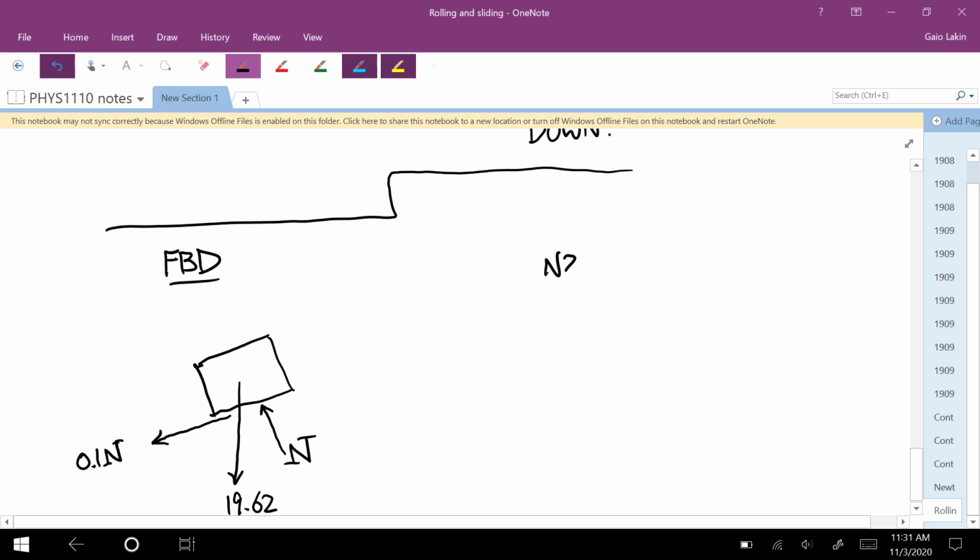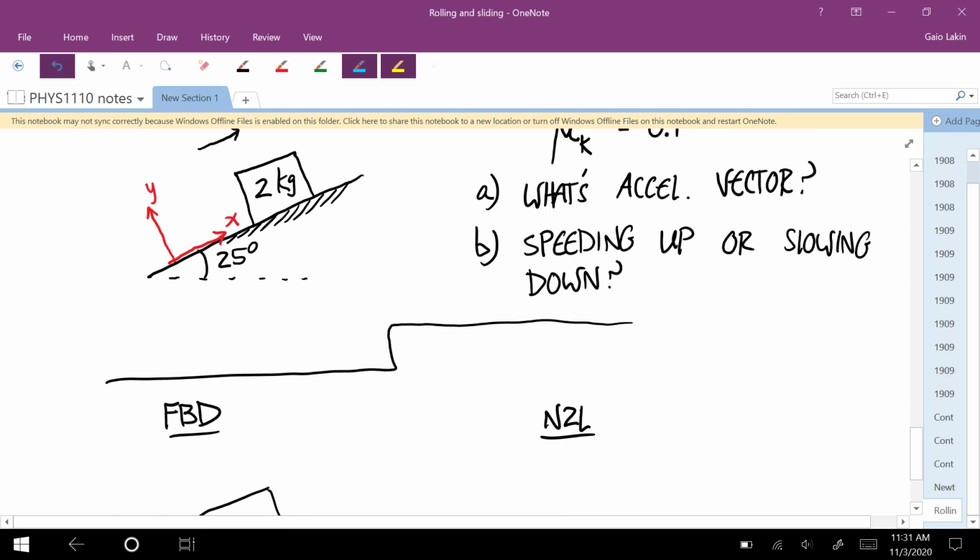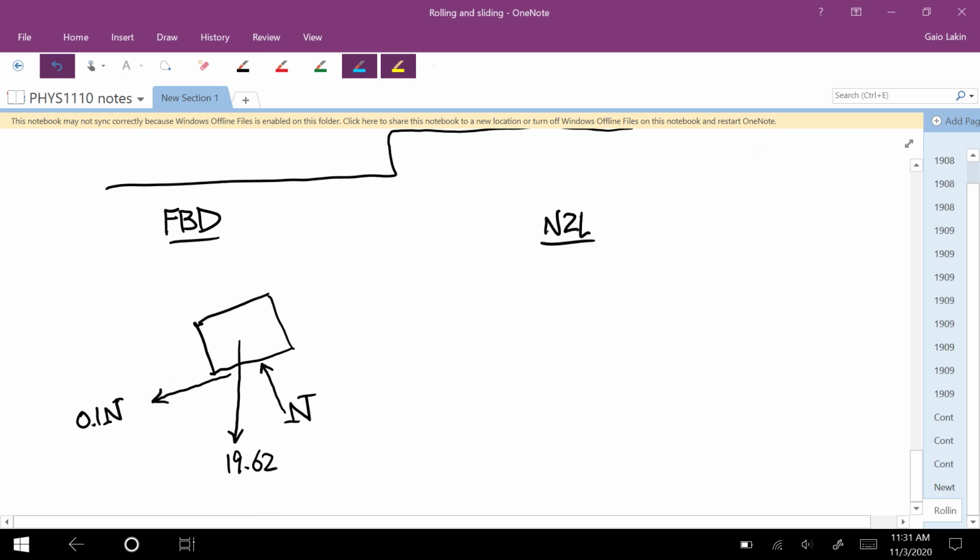So now we'll go to Newton's second law. The friction force is in the negative x direction compared to the positive x there. So this vector is negative 0.1 n and then 0 for y. The normal force is what it always is, 0, positive n.